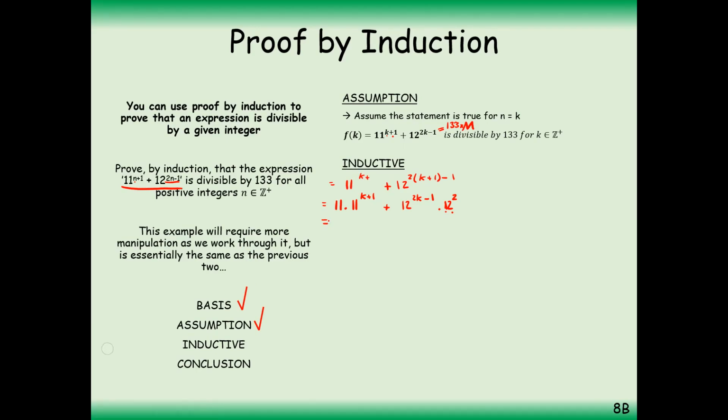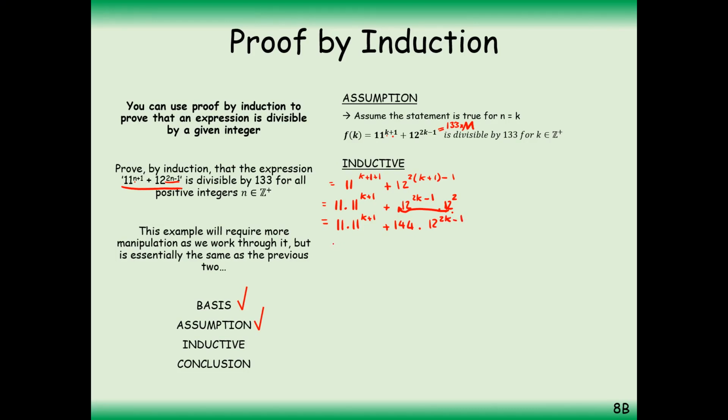It would keep everything clearly written there. So I'm going to multiply this 12. I'm going to write here 11 times 11 raised to the power of k plus 1. I will have 144 multiplied by 12. I'm rewriting that in front here. So times 12 raised to the power of 2k minus 1.